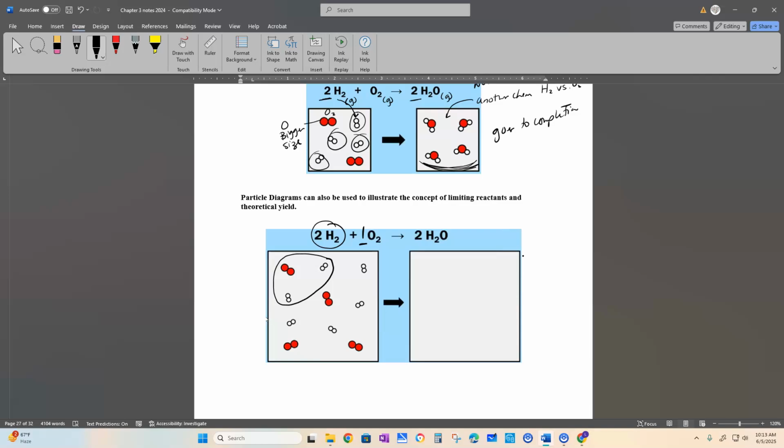Same thing here. Remember, these are O2. For every 1 O2, I need an oxygen. So far, I'm going to produce 1 water. When we draw water, oxygen is in the center. So far I got 2 waters that I produced.